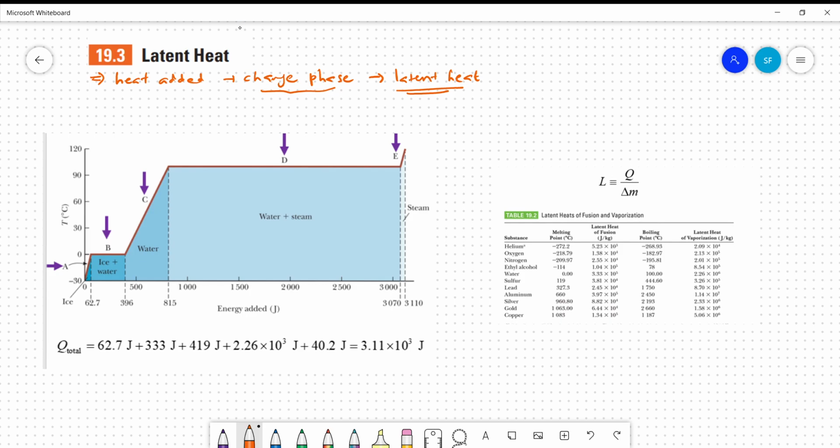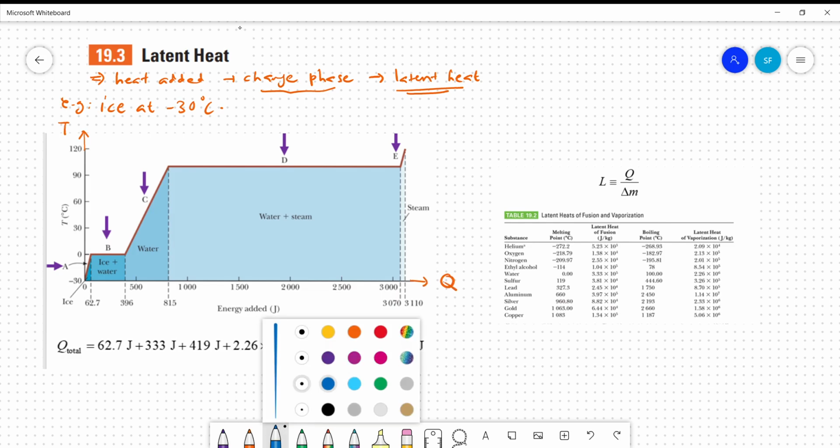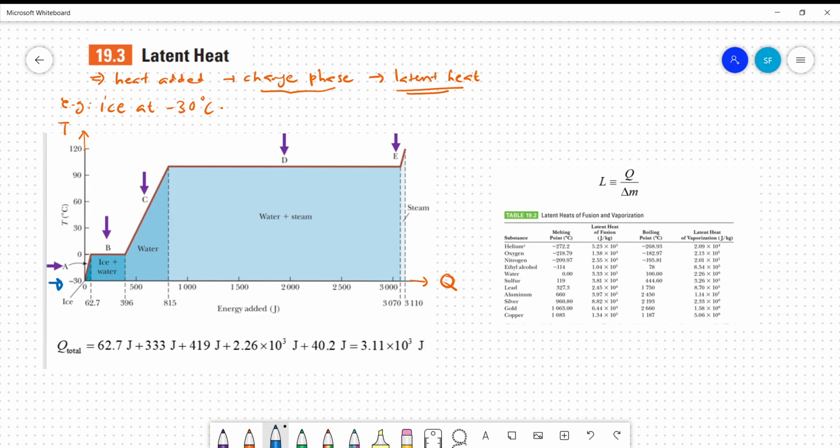Now, as an example, let's say we have a certain mass of ice initially at negative 30 degrees Celsius, as indicated in the figure here. Actually this is a graph of T versus Q. As you can see here, initially the ice is at negative 30 degrees Celsius. When a certain amount of heat is added to it, here we have 62.7, so I name this one Q1.